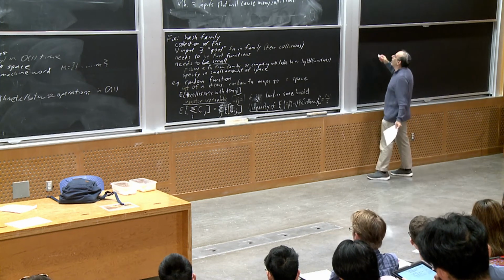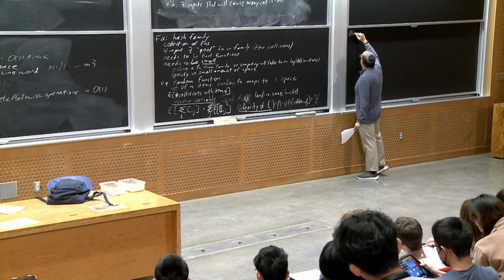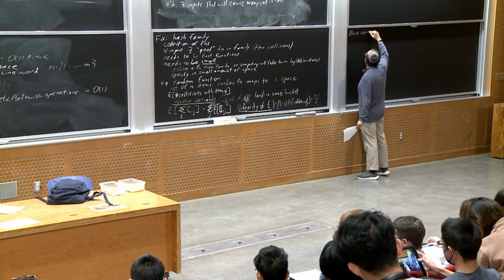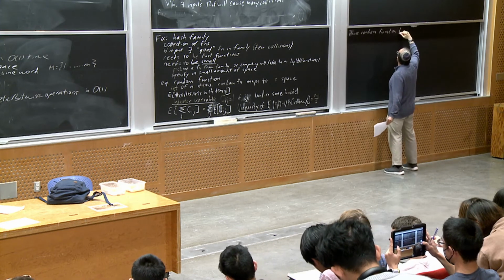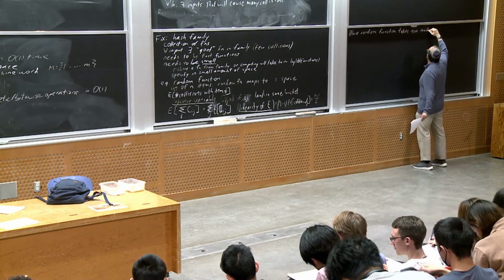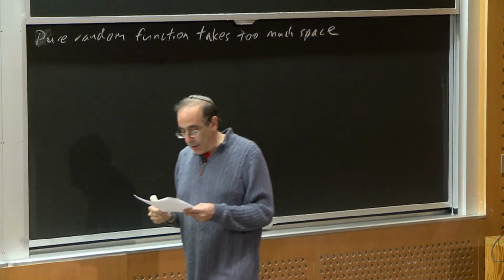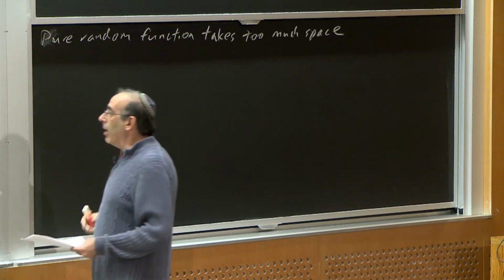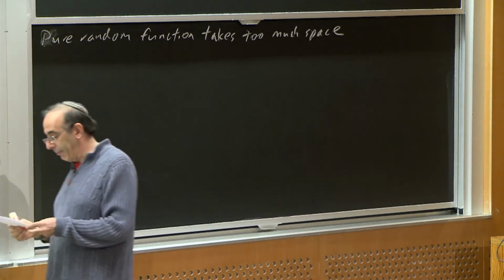Okay. So a purely random function takes too much space. We want a really small function that hopefully we can just describe in a couple of machine words.